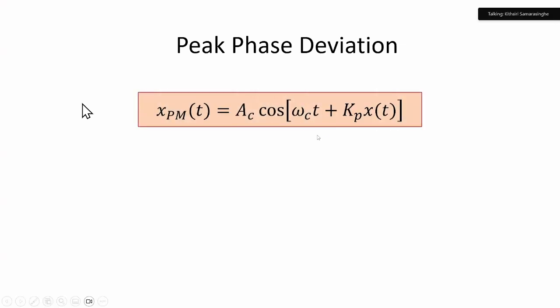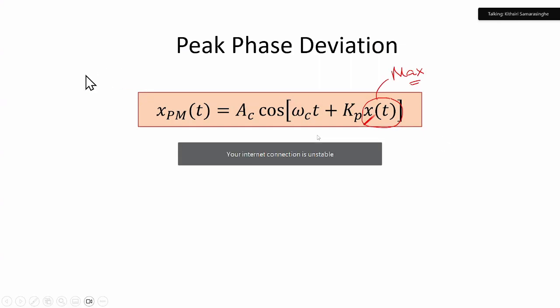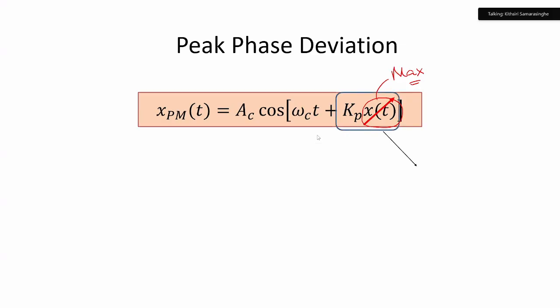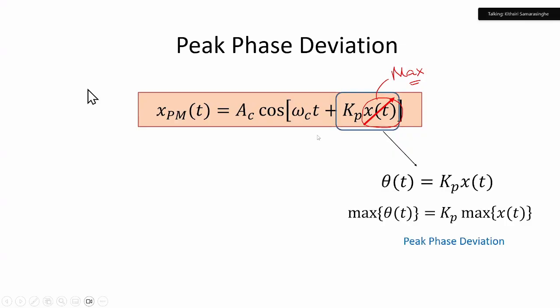Peak phase deviation is the highest value of phase deviation, which happens when xt is at its maximum. So our xt is a variable, and we need to consider its maximum, which will result in maximum of theta. That's peak phase deviation, and remember that definition.